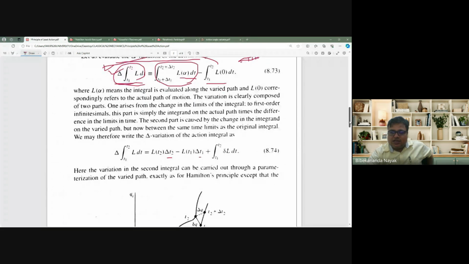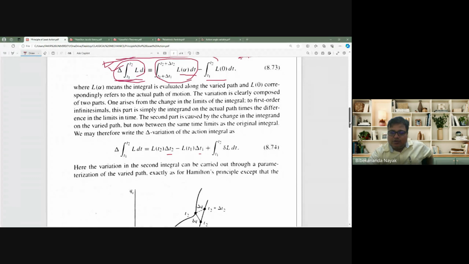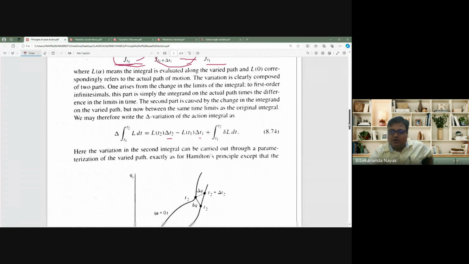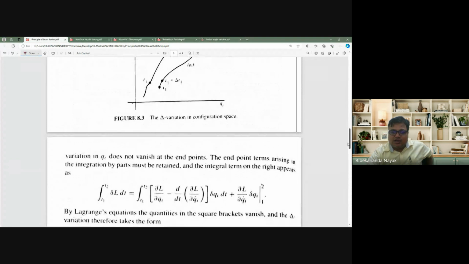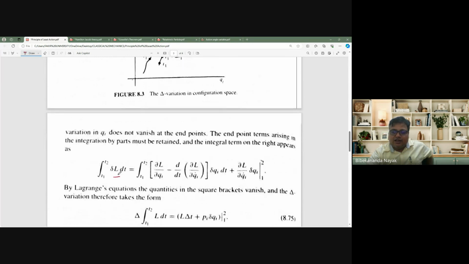Here the variation in the second part can be carried out through a parameterization of the varied path, exactly as in Hamilton's principle, except that delta q does not vanish at the endpoint. Now for the integration of delta L dt, this will be del L by del qi minus d/dt of del L by del qi dot, times delta qi dt.